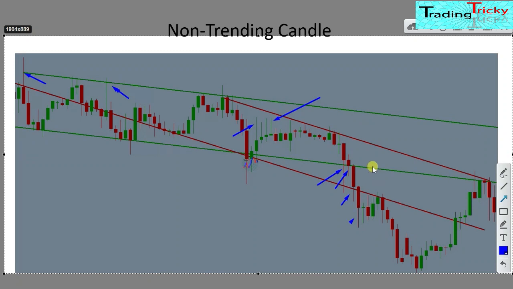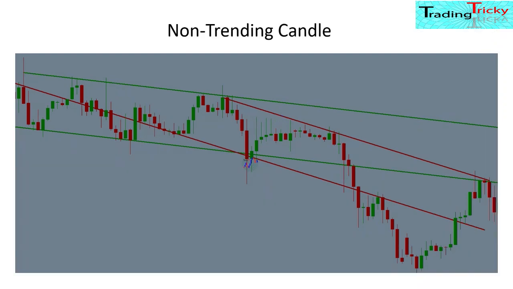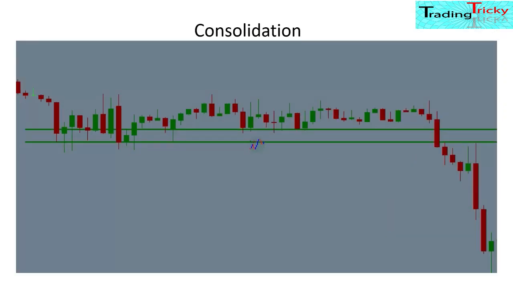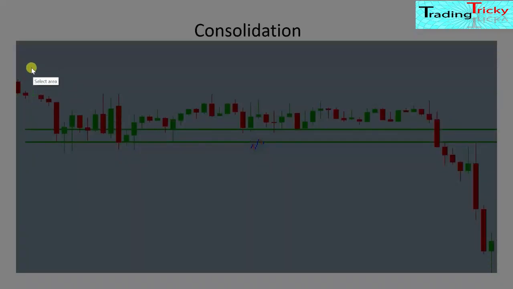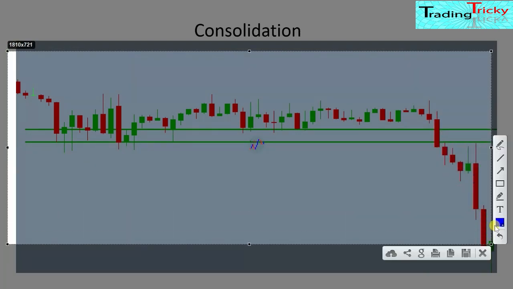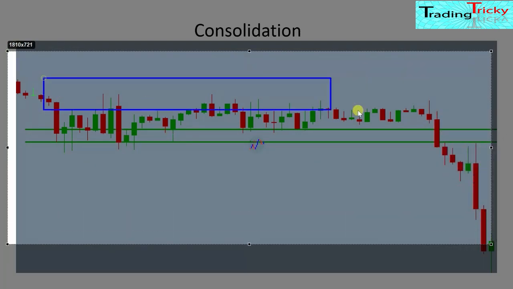So in this situation, it is better to avoid this market for placing any trade. Even though it has made a low, it's not good to place a trade in this situation. And on the next slide, everyone will understand, this is a sideways market, so better to avoid.